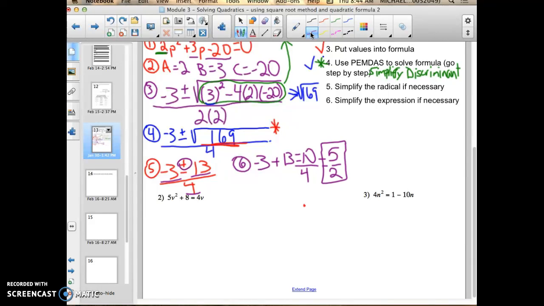And then I'm going to do negative 3 minus the other pathway, the positive version and the negative version. So minus 13, which equals negative 16 divided by 4. And that equals negative 4. So my 2 solutions, I'll put them right here. X equals 5 halves and negative 4.